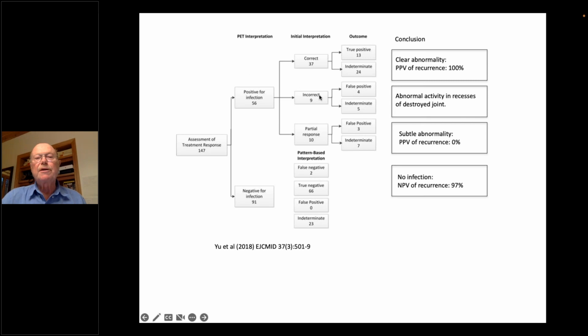In some of the patients, the initial interpretation was deemed incorrect, and we revised our interpretation criteria to eliminate that possibility, and some appear to have a partial response, but of the 3 patients who had antibiotics stopped, none had recurrence of infection, and they were deemed false positive.